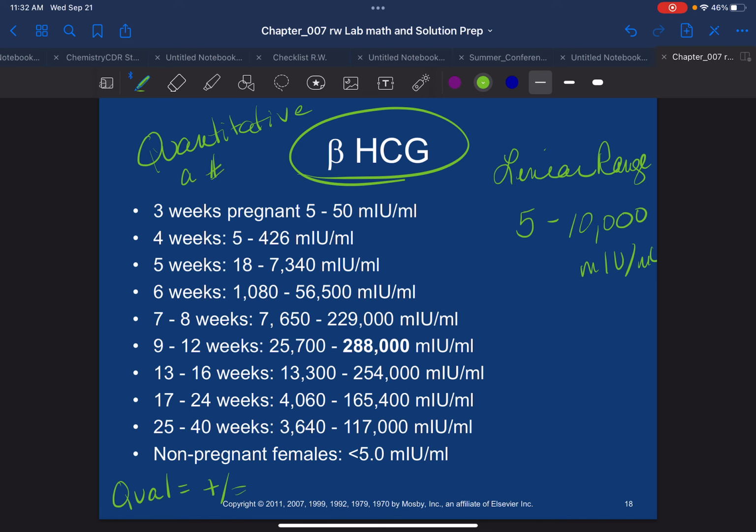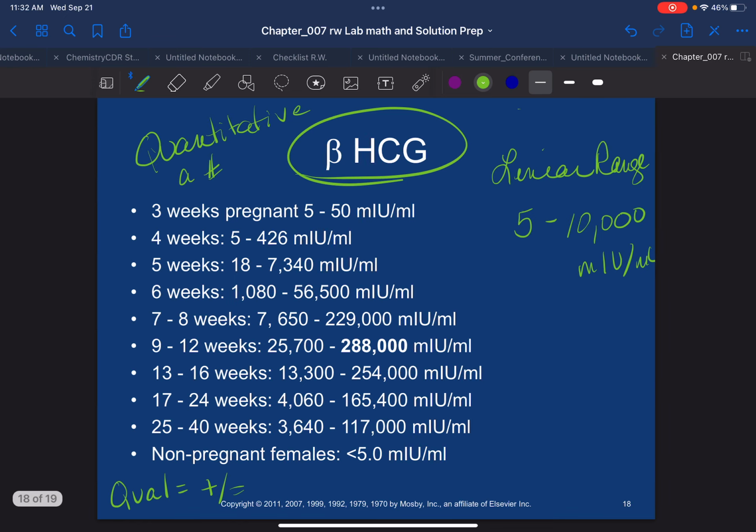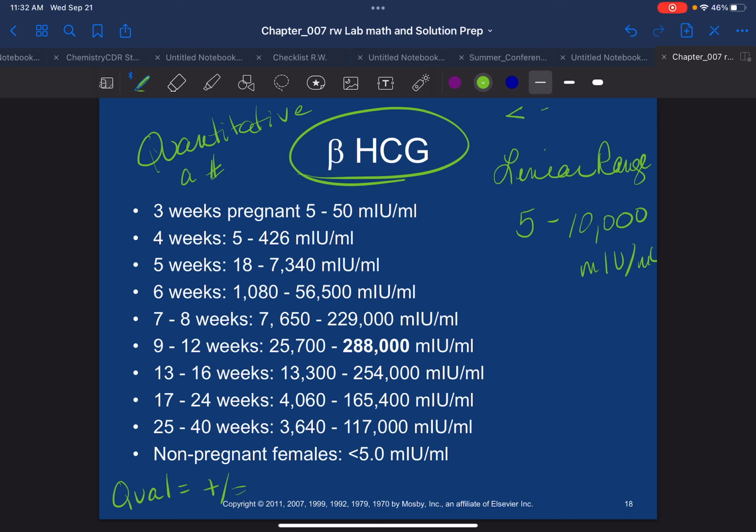So let's say somebody needs a pregnancy test. If they're not pregnant, and the beta HCG is 2, the machine is going to print out less than 5 milli-international units per milliliter.